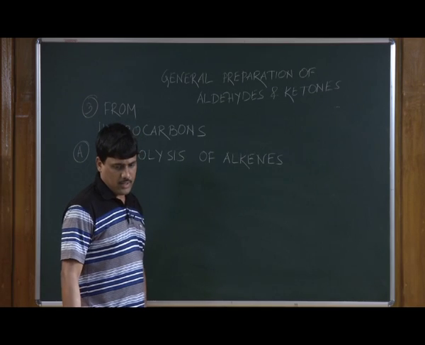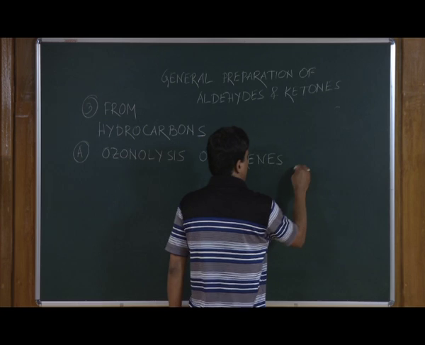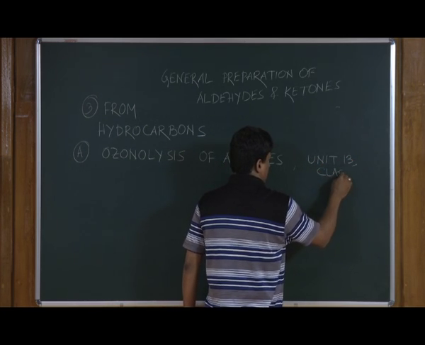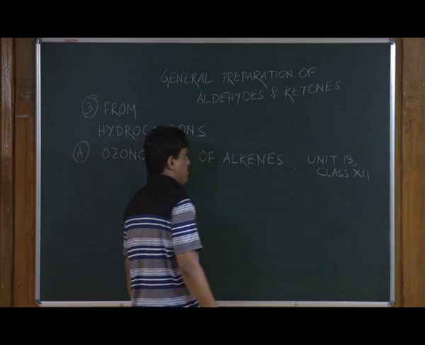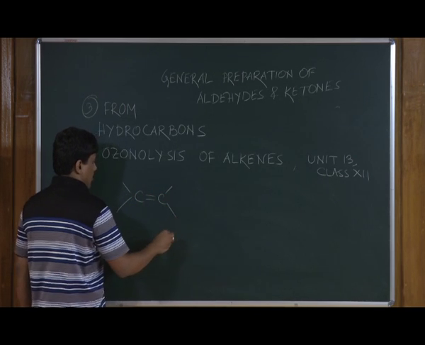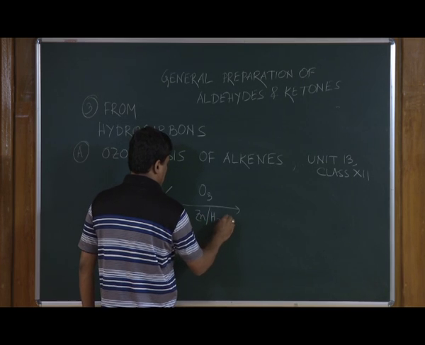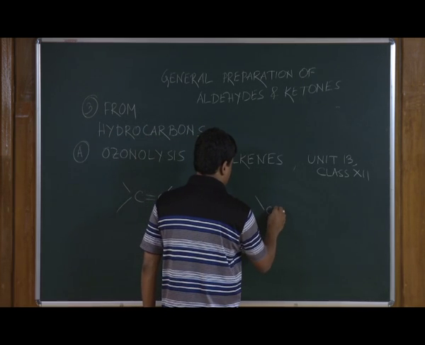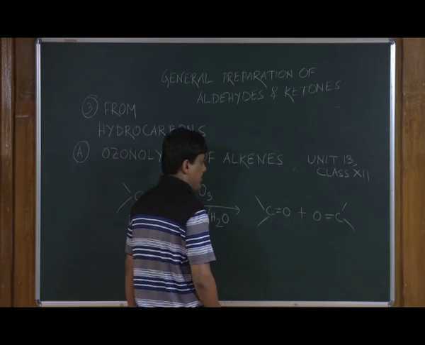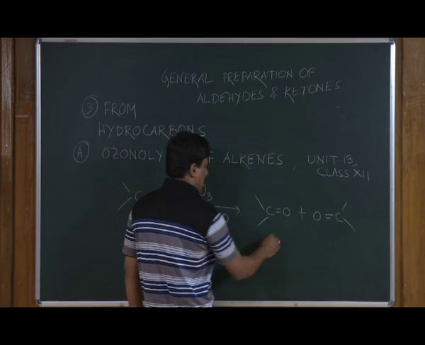This also has been discussed in unit 13. So, in ozonolysis, an alkene after treatment with ozone and a reductive workup gives two carbonyl compounds. Here you can get, depending on the substituents, either two aldehydes or two ketones or a mixture of aldehydes and ketones.